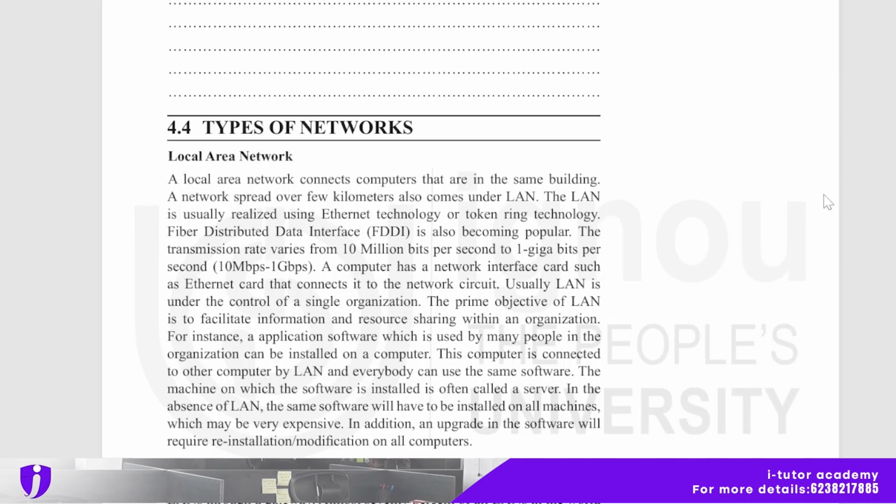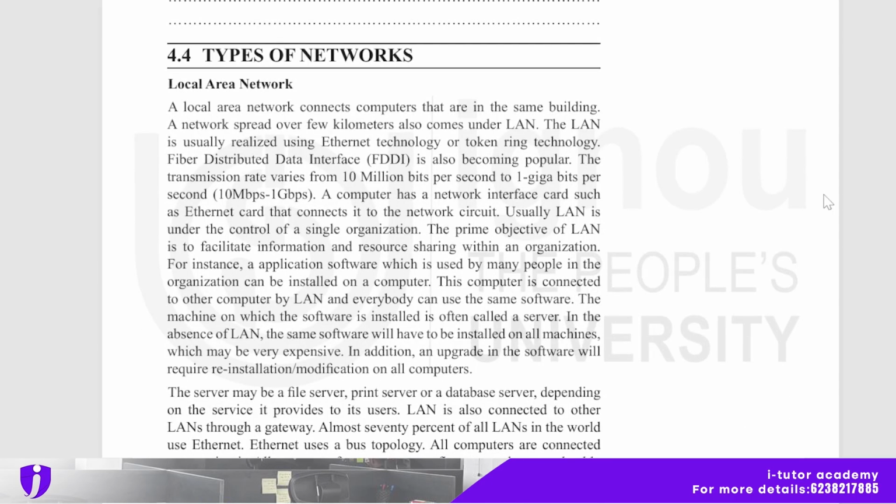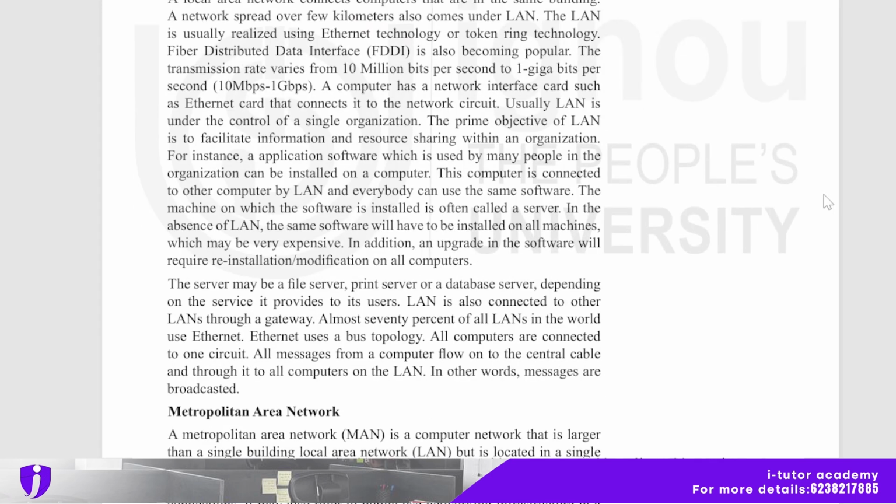Usually, a LAN is under the control of a single organization. The prime objective of a LAN is to facilitate information and resource sharing within an organization. The server may be a file server, print server or a database server, depending on the service it provides to its users.